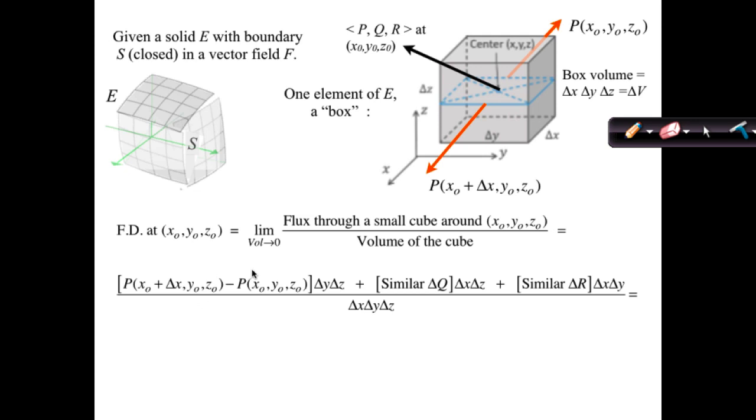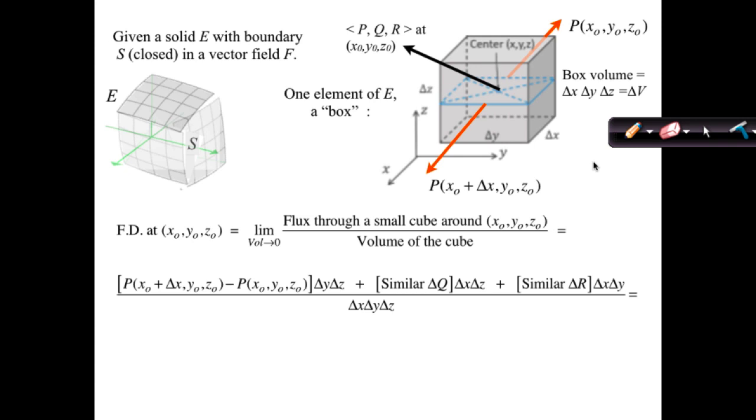So across delta x, we have the change in P, this P final minus P initial. That orange vector, the change in P, is the difference of those two orange vectors, times the area. Delta y, delta z is that area face. So flux is the magnitude of the vector times the area.